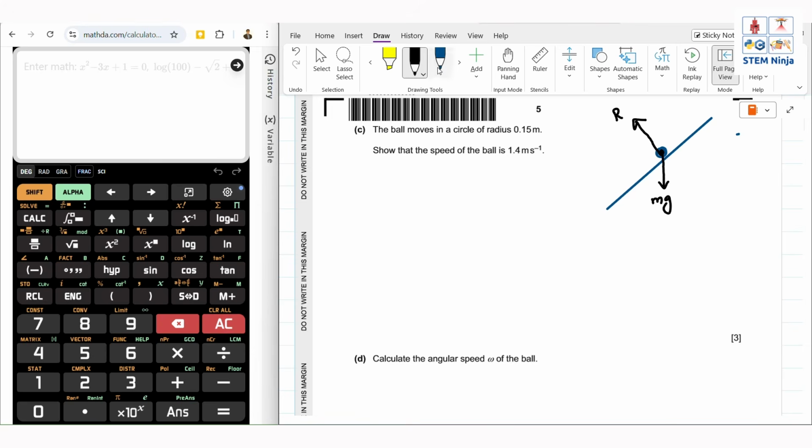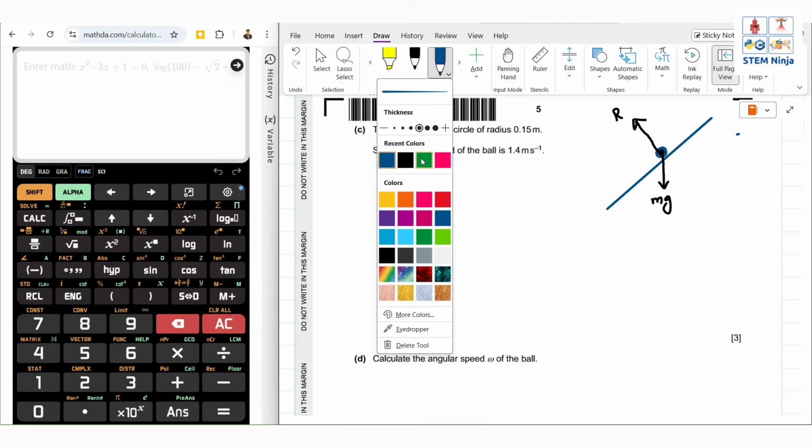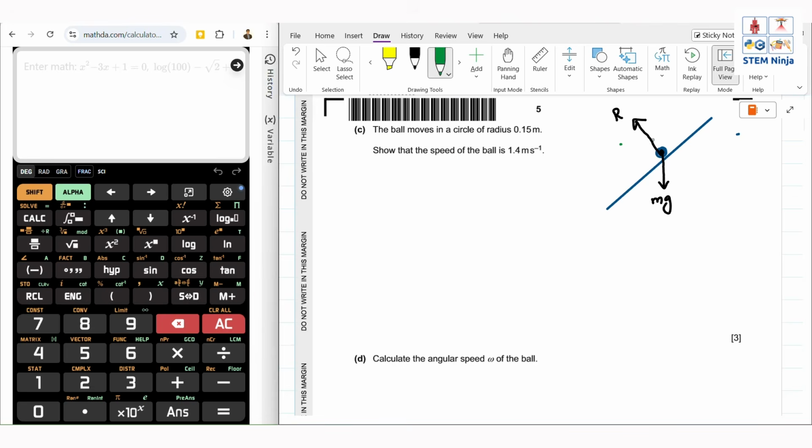Now we need to resolve one of those, either the reaction force or the mg, into horizontal and vertical. There are multiple ways of doing this. So we can say this component is the vertical component, and this is the horizontal component of the reaction force.